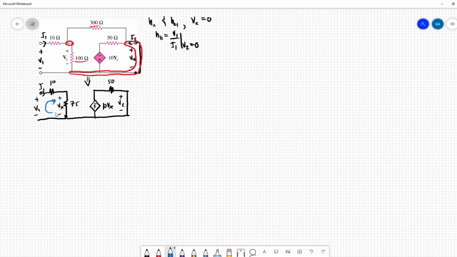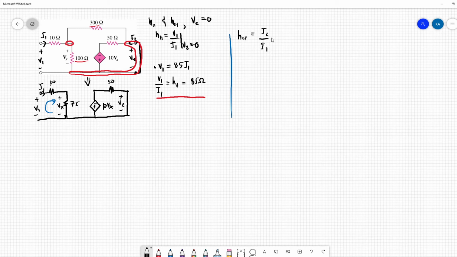Applying KVL at this loop, our V1 is just equal to 85 I1. Our V1 over I1 is our H11 equal to 85 ohms. Now for H21 is equal to I2 over I1, V2 equals to 0.